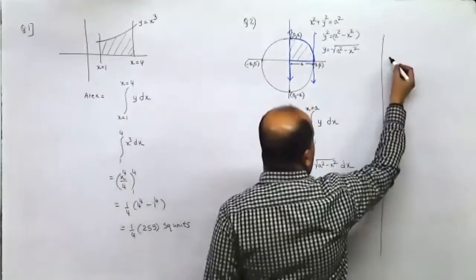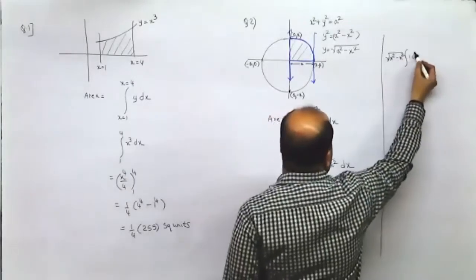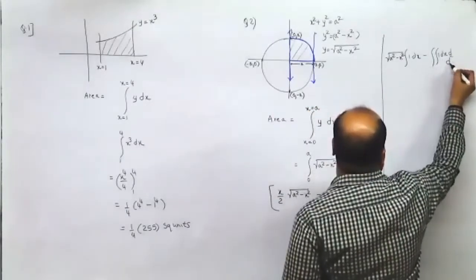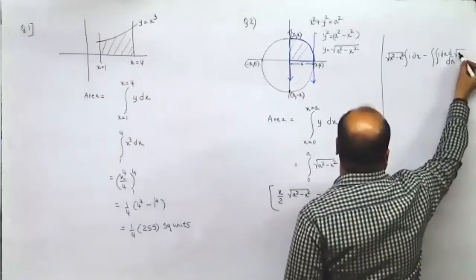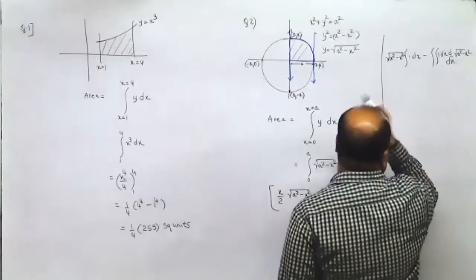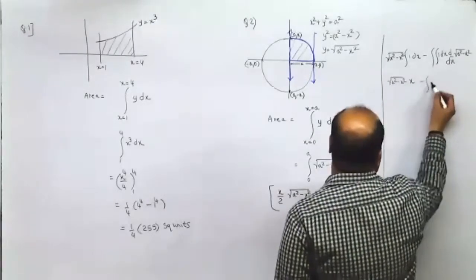It would be root a square minus x square, integration of 1, minus integration of 1 into the derivative of root a square minus x square. So this would be root a square minus x square into x, minus integration of x.